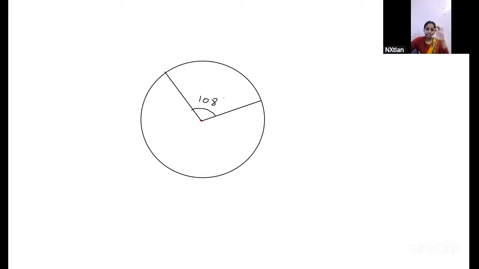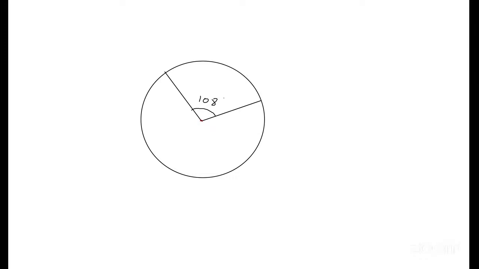Now turn your protractor a little bit and put its center on the center of the circle and locate 90-degree angle. Then on the circumference where you are getting 90, put a dot and then join it with the center of the circle.